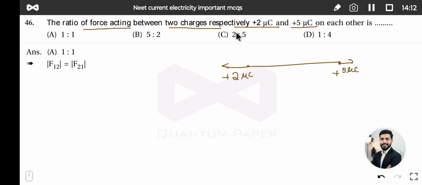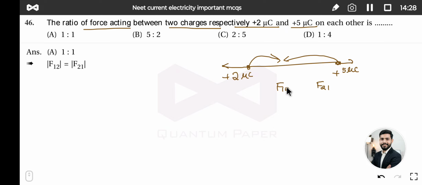Whatever force this 5 microcoulomb charge applies on the second charge, and whatever force the 2 microcoulomb charge applies on the 5 microcoulomb, both are equal in magnitude, but opposite in direction. So if you find the ratio by taking the modulus, the ratio will be nothing but 1:1, because both are of equal magnitude. So if you divide, you will get the answer 1:1 only.